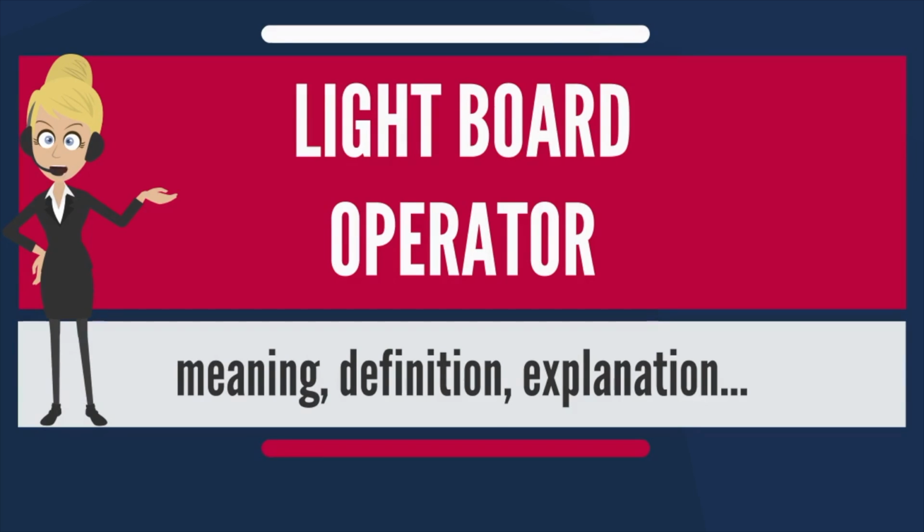Another variation in smaller productions has the responsibilities of light board operator and sound operator combined into one position. In the smallest productions, all 3 of these functions are done by one person.